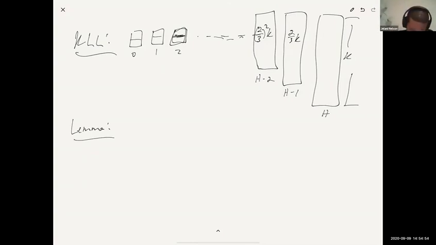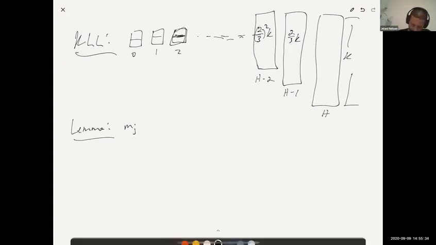First of all, you still have that M_j, the number of compactions at level j, is at most... actually, let me just prove this in the notes.